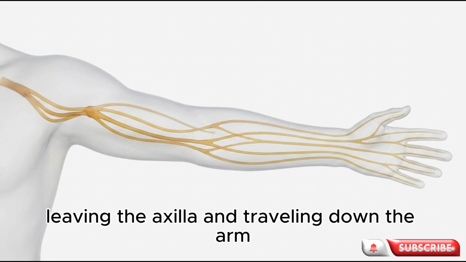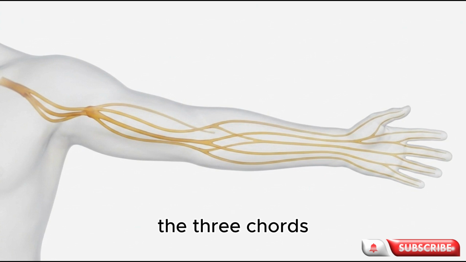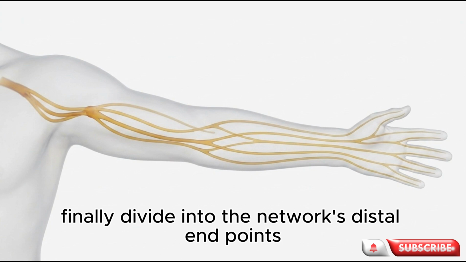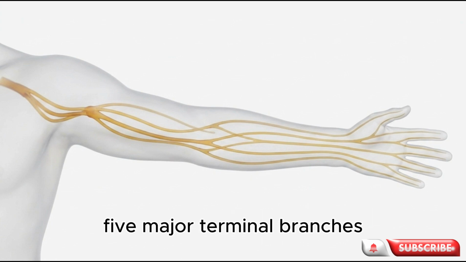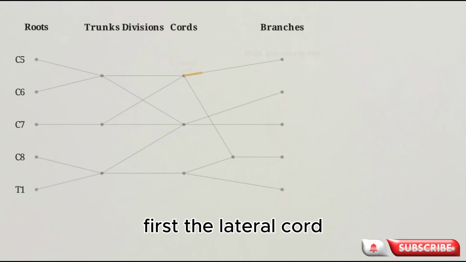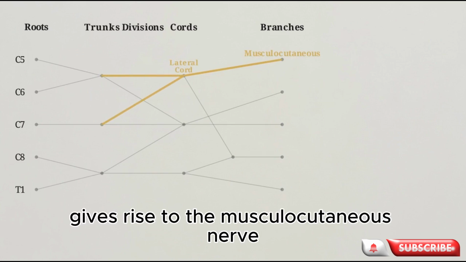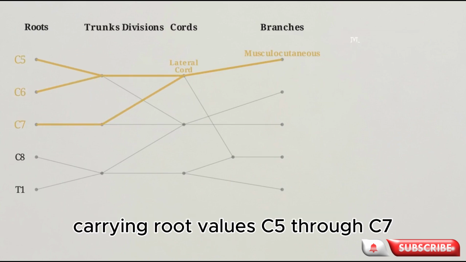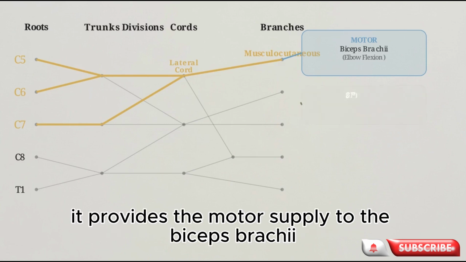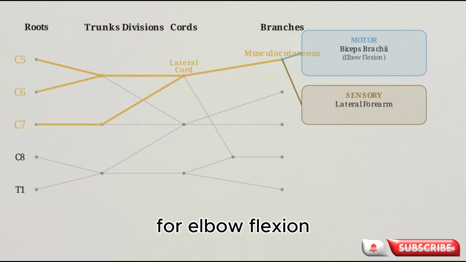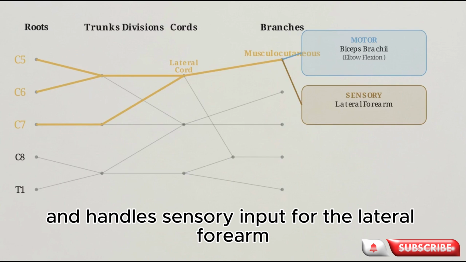Leaving the axilla and traveling down the arm, the 3 cords finally divide into the network's distal endpoints, 5 major terminal branches. First, the lateral cord gives rise to the musculocutaneous nerve, carrying root values C5 through C7. It provides the motor supply to the biceps brachii for elbow flexion and handles sensory input for the lateral forearm.